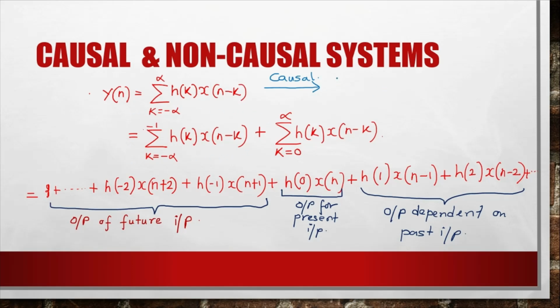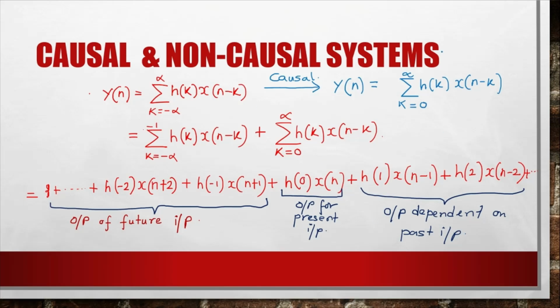So, a system will be causal if the output response depends upon h[k] and x[n minus k], where k is ranging from 0 to infinity. By definition, the causal system is the system whose output depends only upon present input and past input.